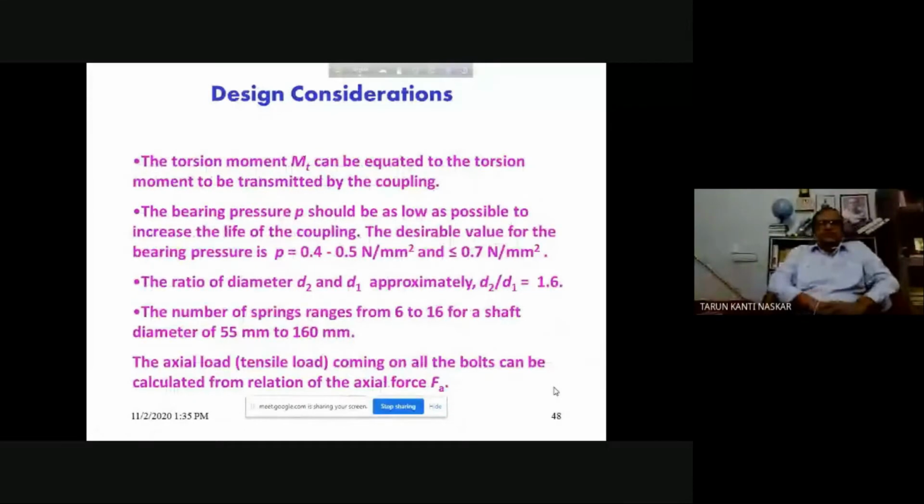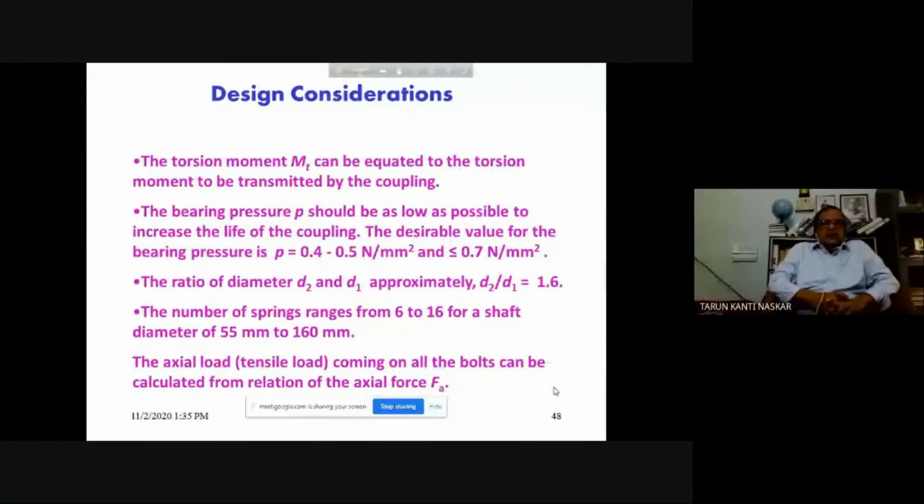So this is the expression for Mt. So the torsion moment Mt can be equated to the torsional moment to be transmitted. Okay. Now the bearing pressure P should be as low as possible to increase the life of the coupling.